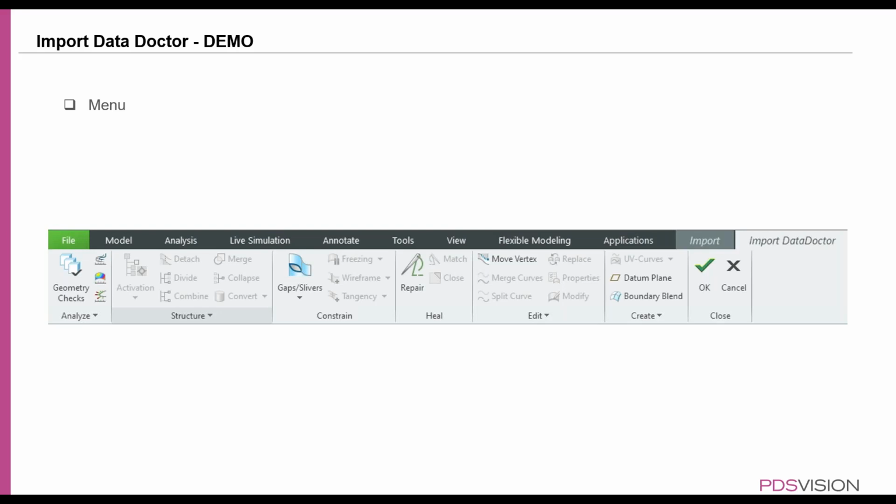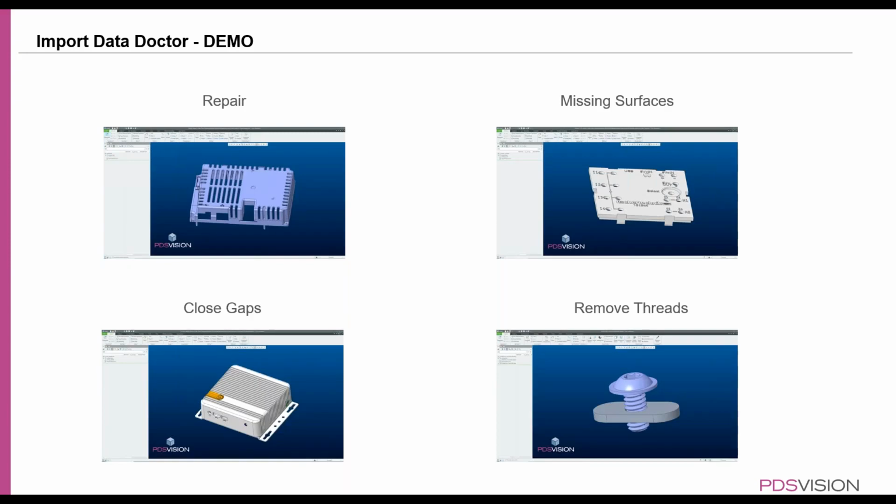As you see, some icons on the ribbon are inactive and some are active. We will talk later on about when they are active or inactive. Today we will do a quick repair. We'll deal with some missing surfaces, close gaps, and how to remove threads.